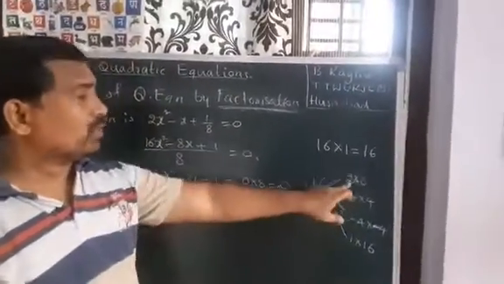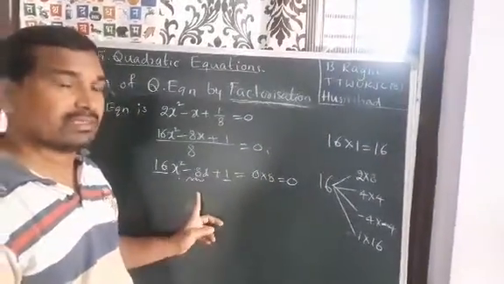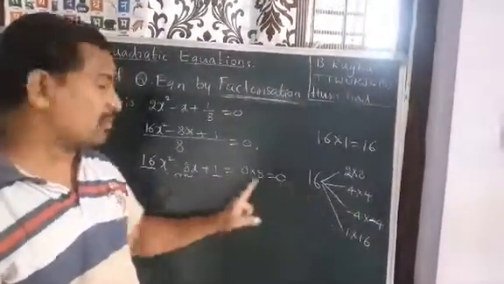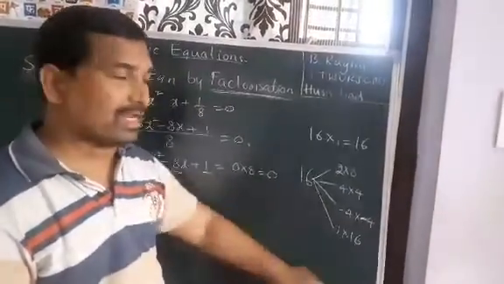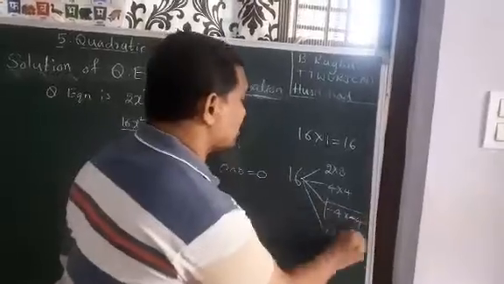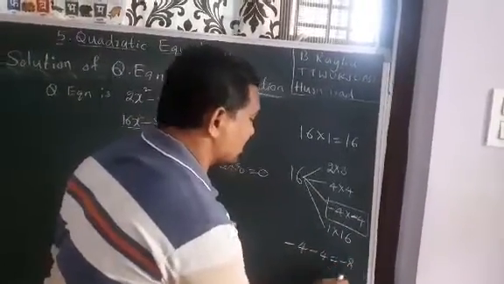Now add 2 plus 8, 10, but we have to get minus 8. 4 plus 4 is 8, but what is there? Minus 8. Minus 4 minus 4 is minus 8. So these are the factors.